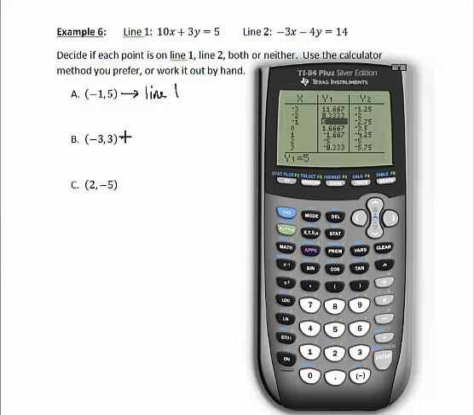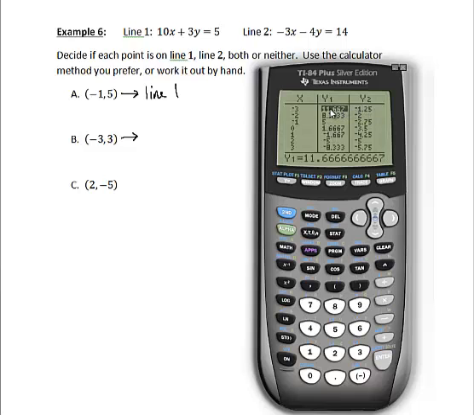Okay, our second ordered pair, we want to find X equal negative 3 in our X table or column, and now we compare the Y values. Well, the Y value we were given for the ordered pair is a positive 3, and neither one of these lines have that Y value.